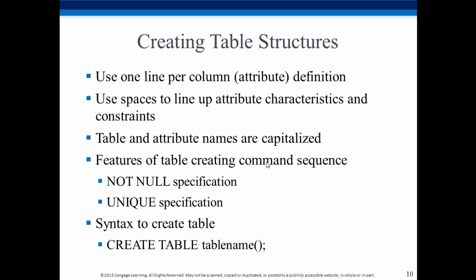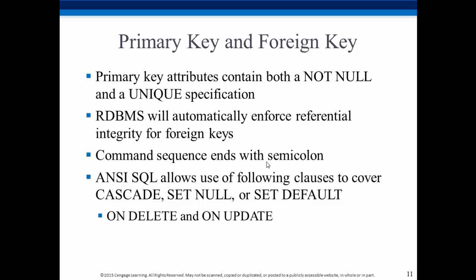And then going back to creating tables, primary key and foreign key. Primary key attributes contain both a not null and a unique specification because it is your unique identifier for the record, and it cannot be null. You must have that unique identifier for every record. Your RDBMS will automatically enforce referential integrity between foreign keys and primary keys.